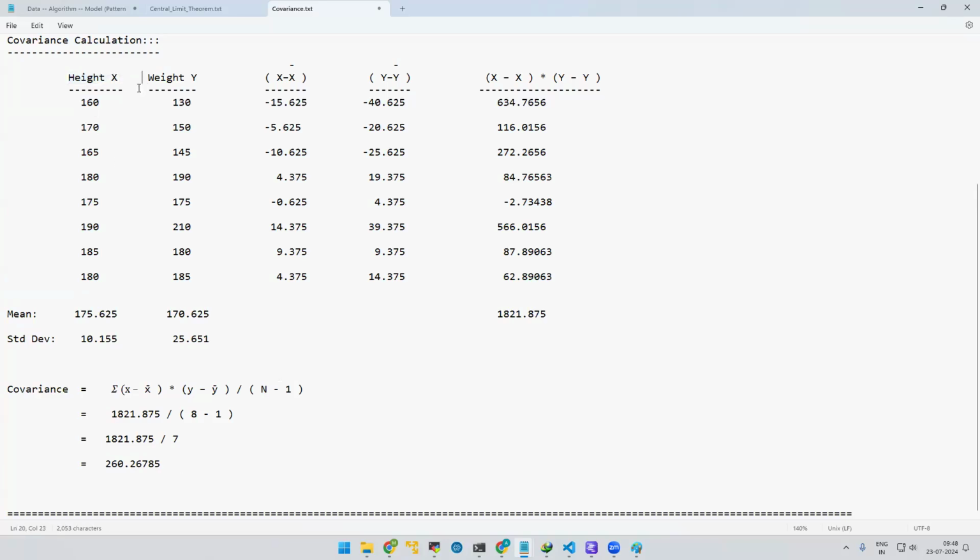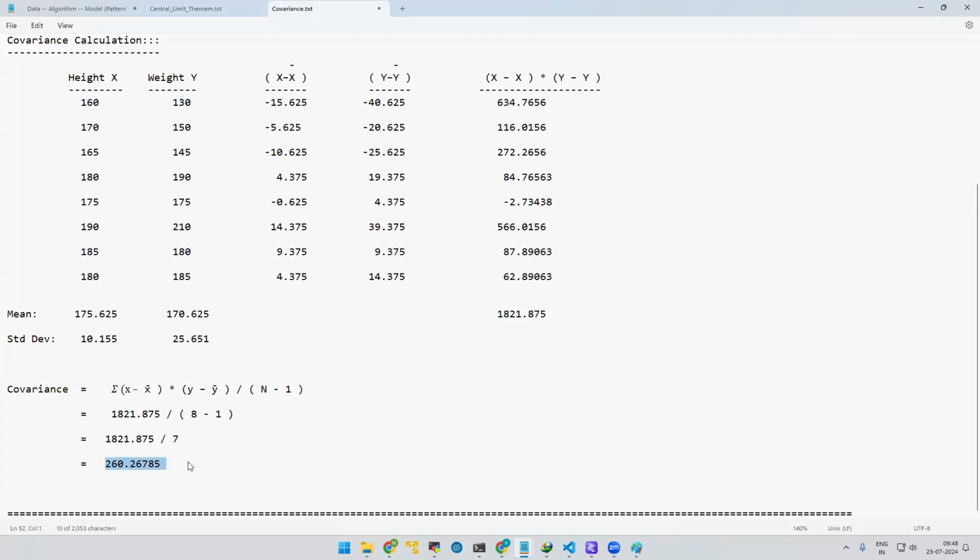This will help us see if height increases, whether weight will increase or not. Can we say by this number that if height increases, weight will also increase? This covariance will help us see the variance between these two, and whether one increases, the other one will increase or not.